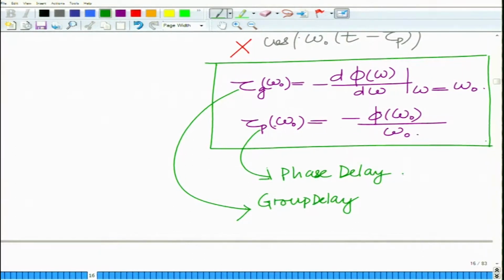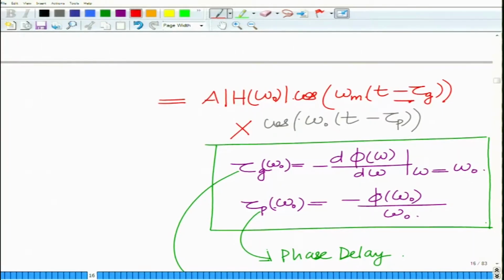And what is very interesting is that when you pass this LTI system with the impulse response h t, and frequency response h omega, phase response phi omega, the envelope, that is the message, is delayed by the group delay, that is tau g of omega, that is minus d phi omega over d omega evaluated at omega equal to omega naught, and the carrier is delayed by phi omega naught divided by omega naught, and these are the group and phase delays. Okay.